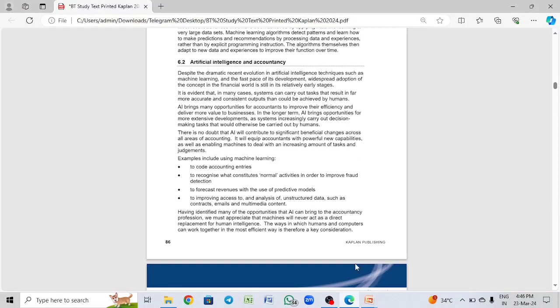To provide the codes to enter the accounting entries, or to recognize what constitutes normal activities in order to improve fraud detection, to forecast revenues with the use of predictive models, to improve access to and analysis of unstructured data such as contracts, emails, multimedia content. We even have accountancy using artificial intelligence on a day-to-day basis in organizations.